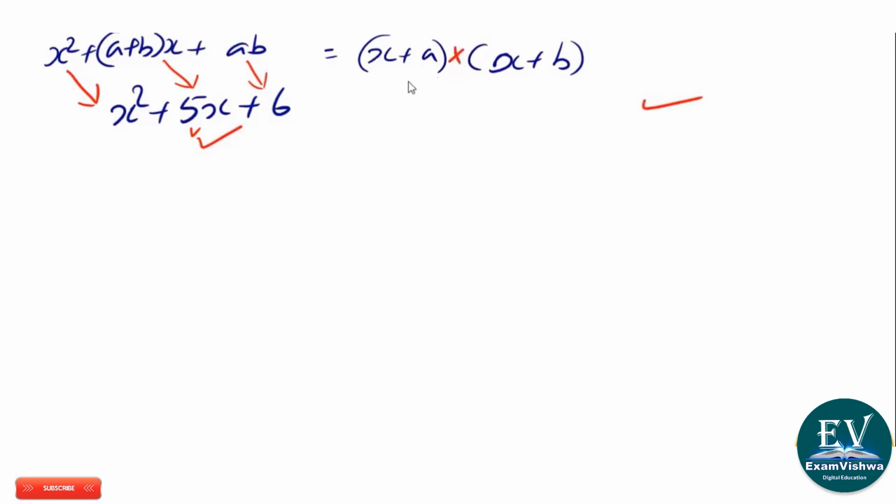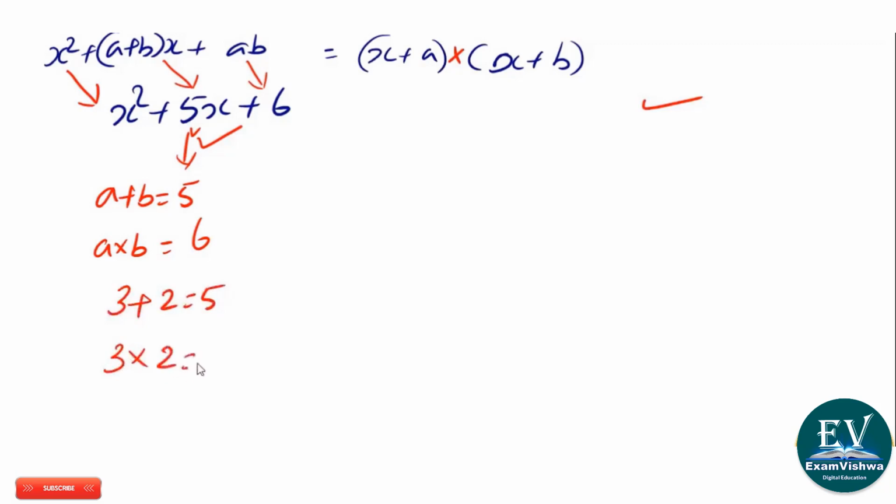So we need to know a and b here. In the place of a plus b, it is 5 here. In the place of a into b, that is ab, it is 6. Which are those numbers that on addition become 5 and on multiplication become 6?